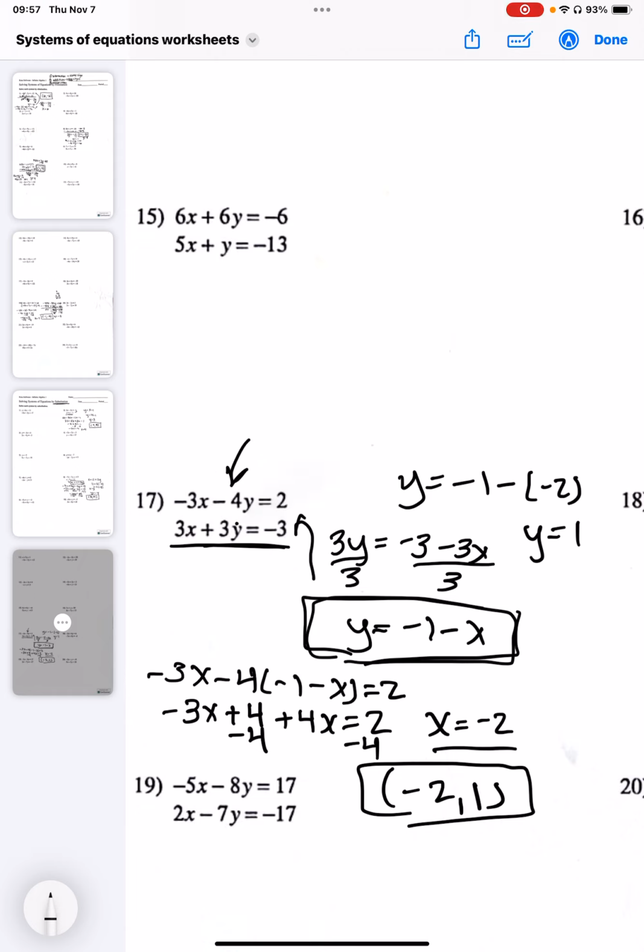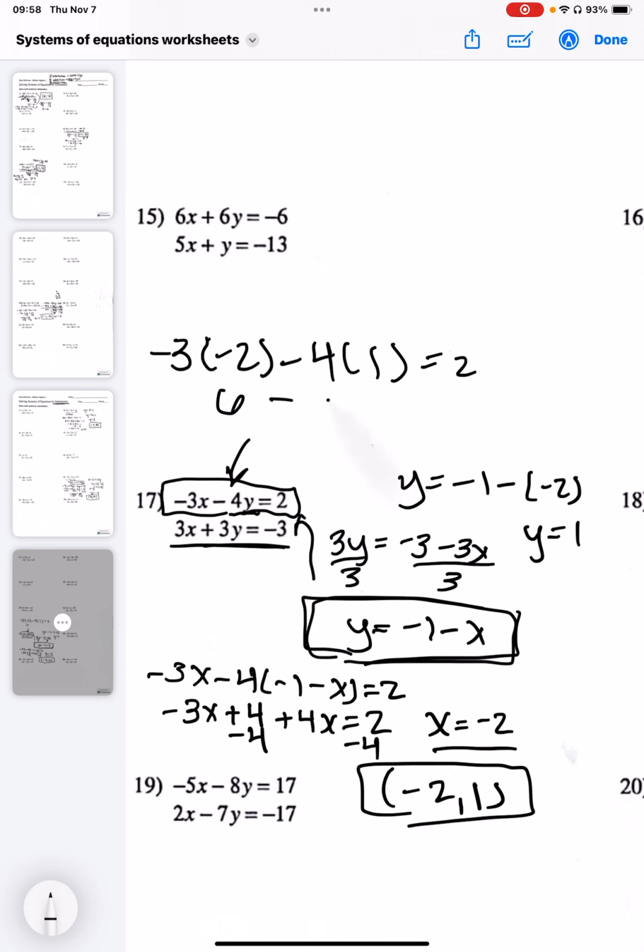So I'm going to plug it back into this top equation. We have negative 3 times our x value of negative 2 minus 4 times our y value of 1 is equal to 2. Negative 3 times negative 2 is going to give us 6, and 4 times 1 is 4, so 6 minus 4 equals 2. We see that this works, so we are good. That is a check mark. That was a bad check mark, but there you go.